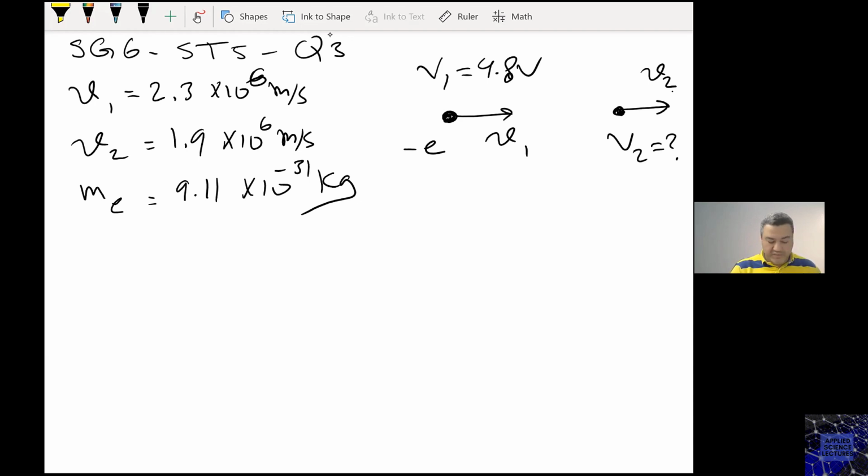So again, we know delta U equals Q delta V, which equals minus delta EK.